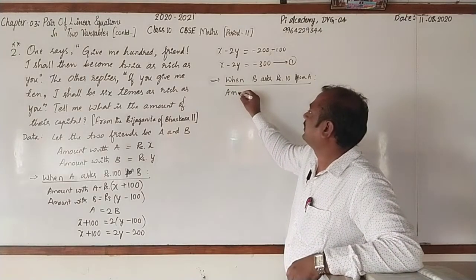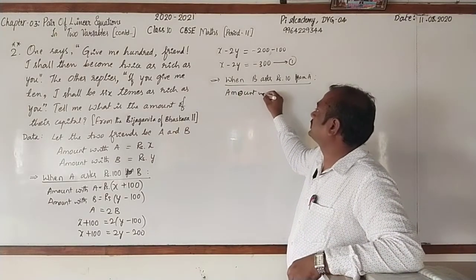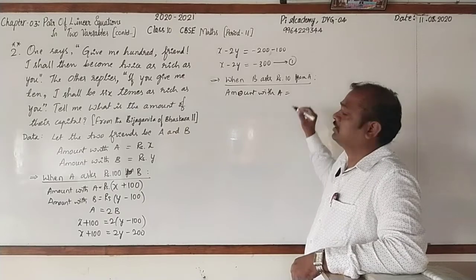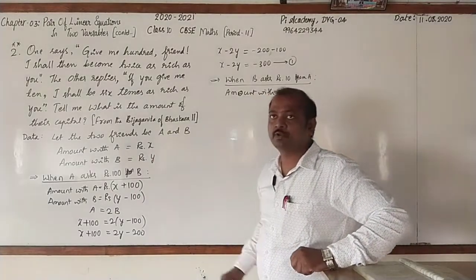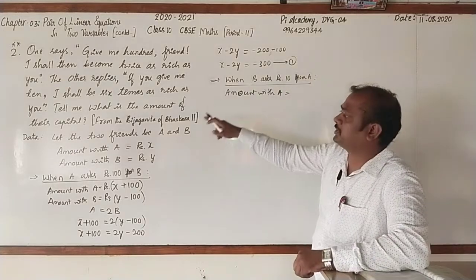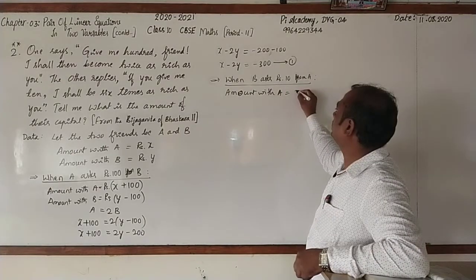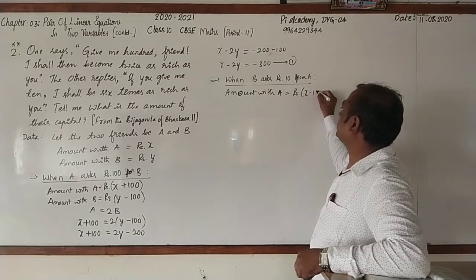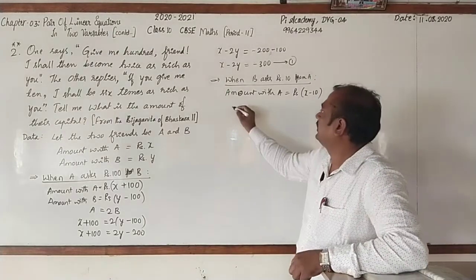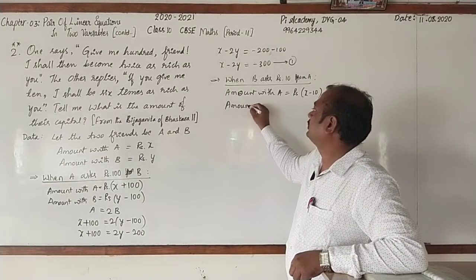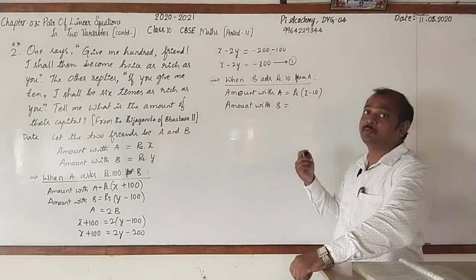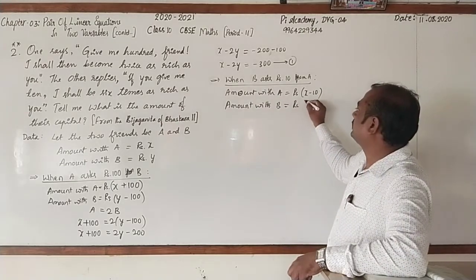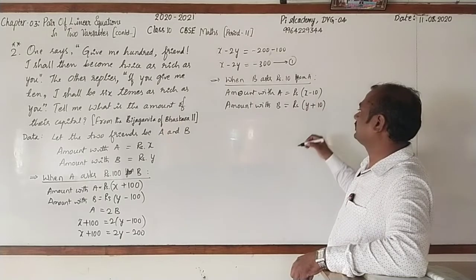What is the amount with A? He has X rupees. If he gives 10 rupees to B, then the amount with him will be X minus 10. Clear? Then the amount with B: B has taken 10 rupees from A, so the amount with him is Y plus 10.